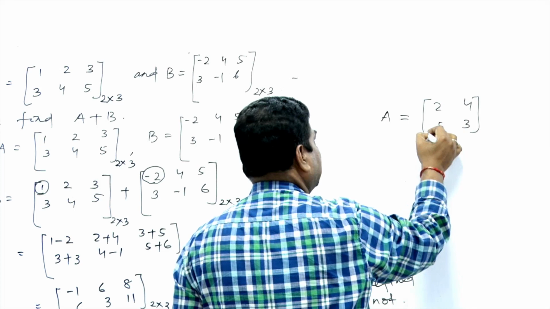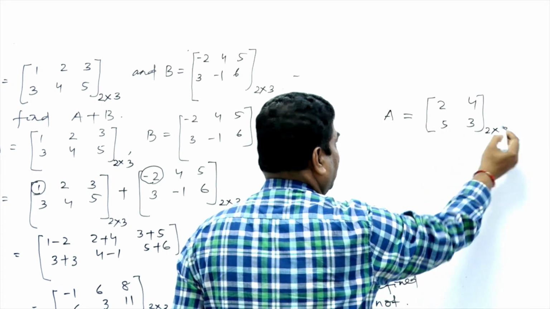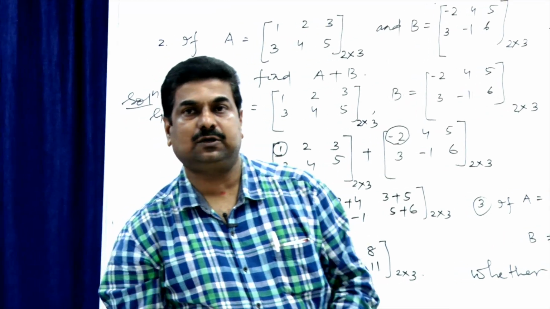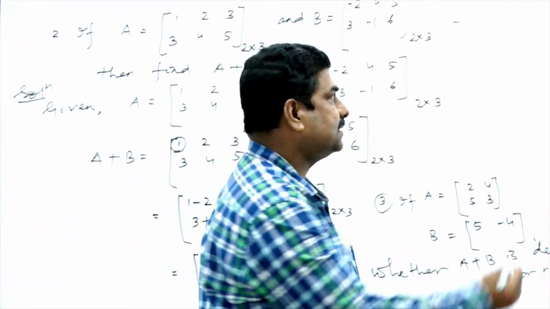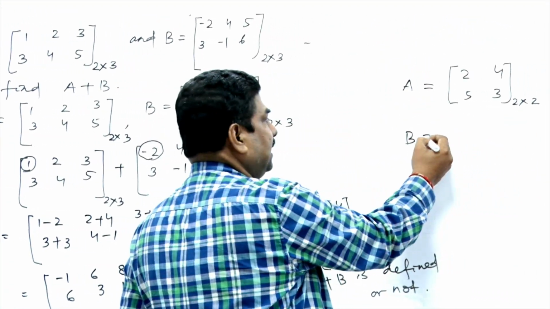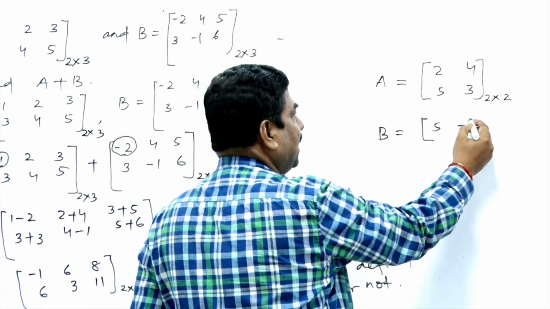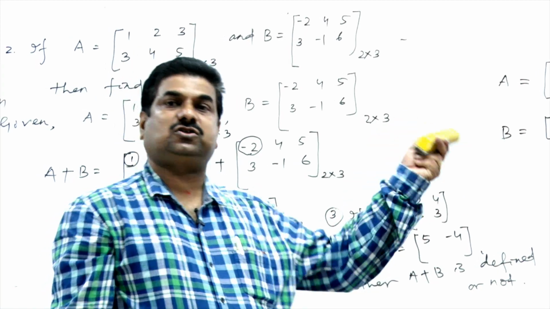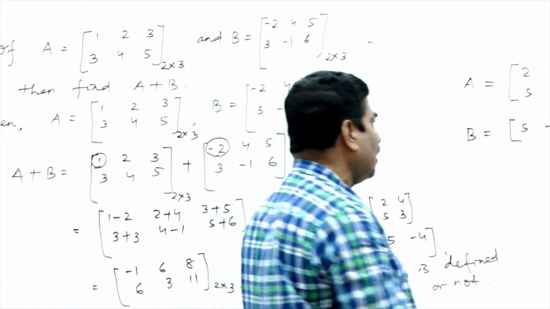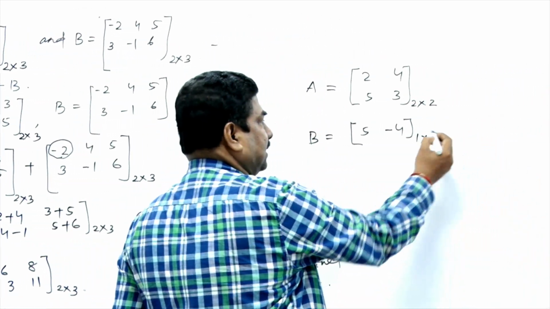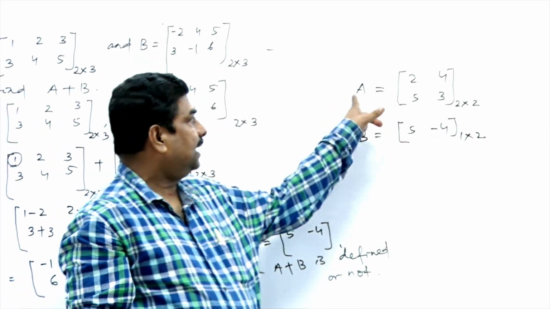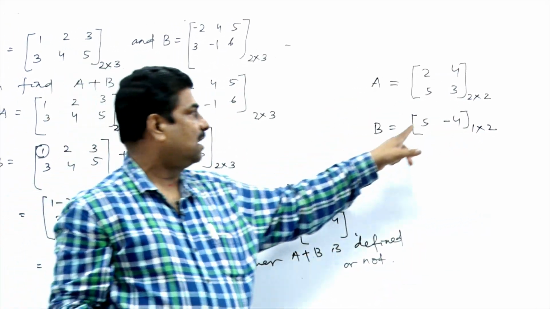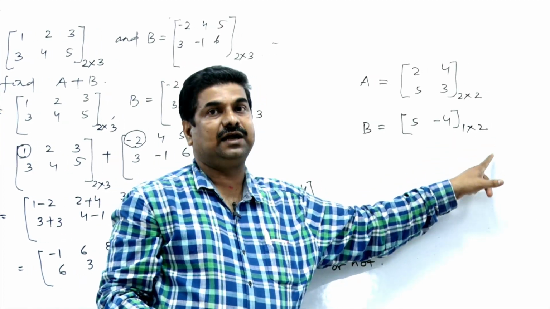This is a square matrix of order 2, or we can call it a matrix 2 by 2. But in the second case B is equal to [5 -4], which is a matrix of order 1 by 2. Here A is of order 2 by 2, but B is a matrix of order 1 by 2.